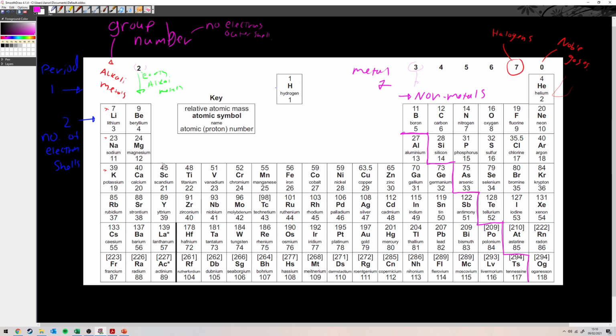So lithium, magnesium, scandium, molybdenum, technetium, they're all metals. And the last thing I need you to label, this group here in the middle, the ones that don't have group numbers, these are called your transition metals.